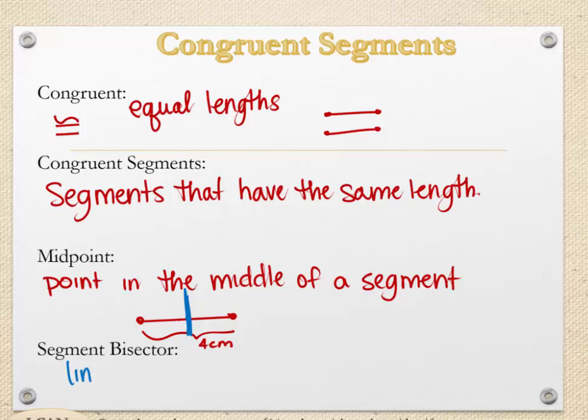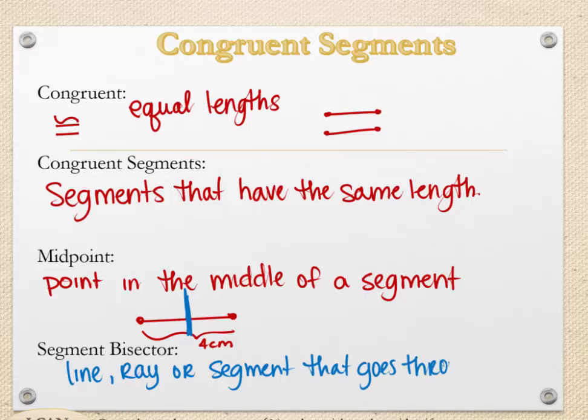So it's a line, ray, or segment that goes through the midpoint. See how we're taking all those words we learned yesterday and turning them into more math? That's all geometry is.